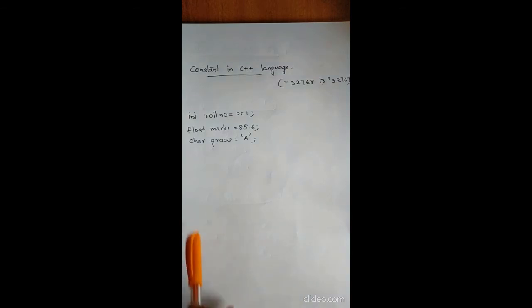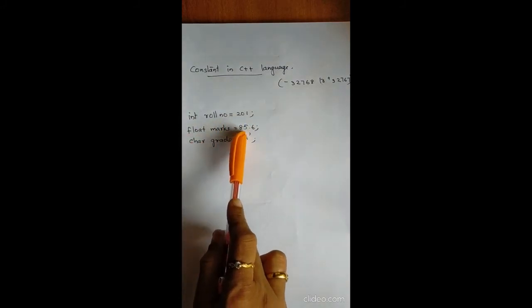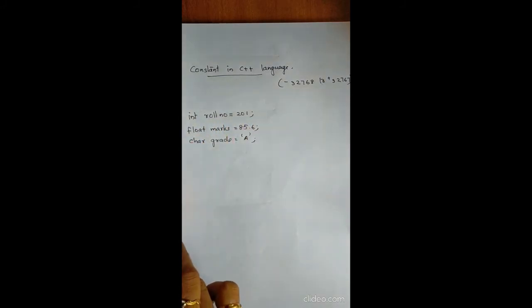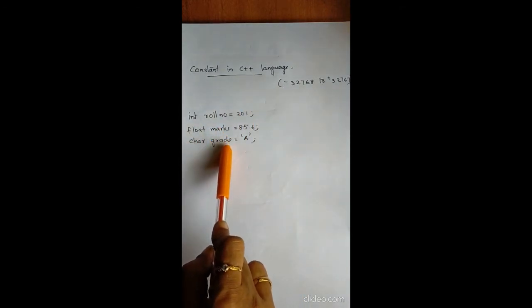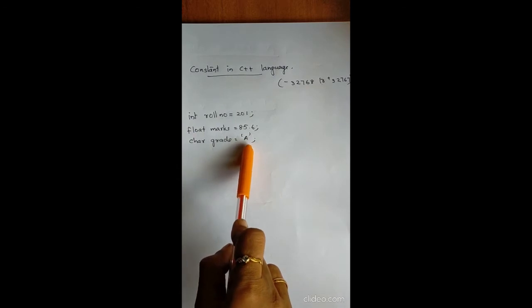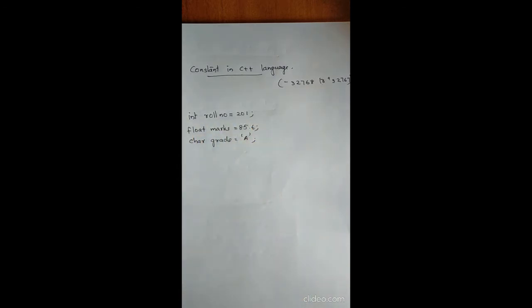And the example is int roll number equal to 201, float marks equal to 85.6, end with semicolon, character grade equal to 'A', within single quotes, also end with semicolon.